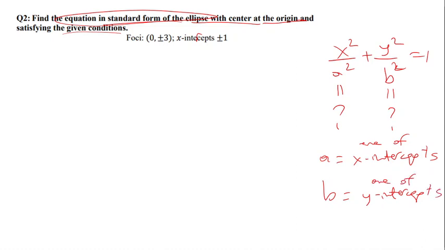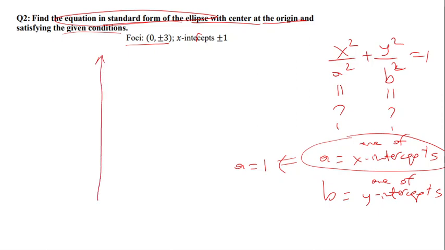Since you are taking the square, the plus and minus issue is taken care of. So a is already given here: a is plus or minus 1, so a is 1.